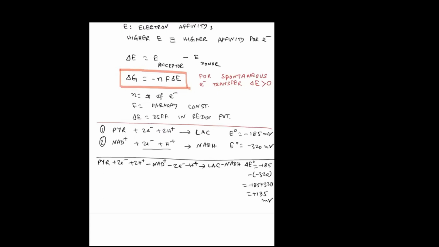So now if I rearrange, the 2 electrons cancel. I'll have 1 H left here, and my overall reaction now is going to be pyruvate plus, so NADH is going to come to the left side of the equation, plus NADH, plus 1 proton I'll have left, and this goes to lactate plus NAD plus. And my delta E is going to be plus 135 millivolts.